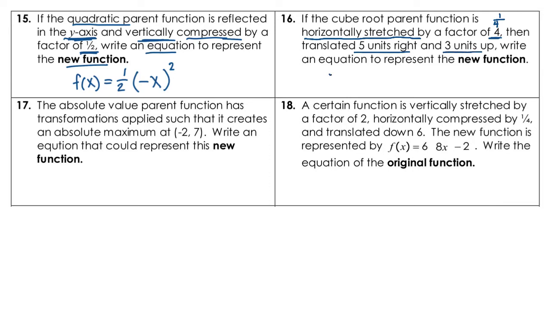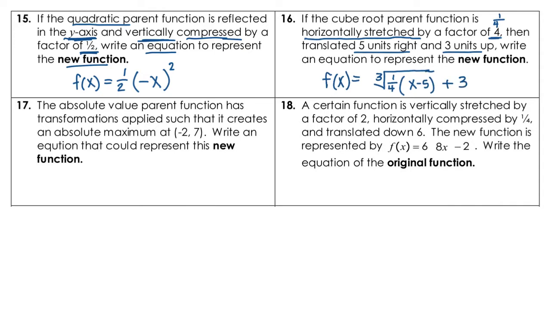So our new function, f of x equals, and we're going to have our cube root, so it's the cube root parent function, and we are horizontally stretched by 4, which is going to be a 1/4 on the inside of the function, times, and translated right, that's going to be x minus 5. And then we're going to have this translated up 3 units. So we're going to have plus 3.